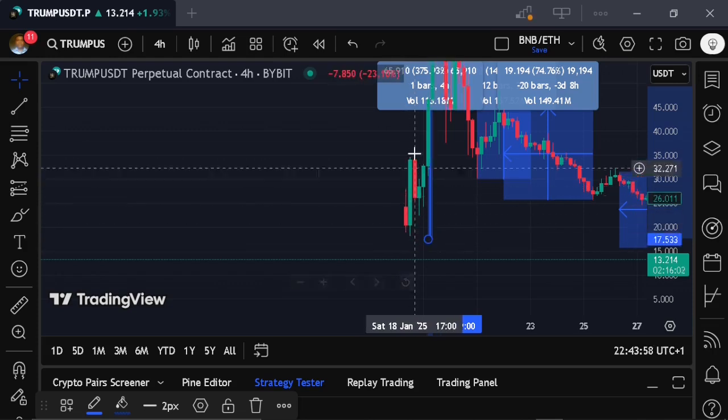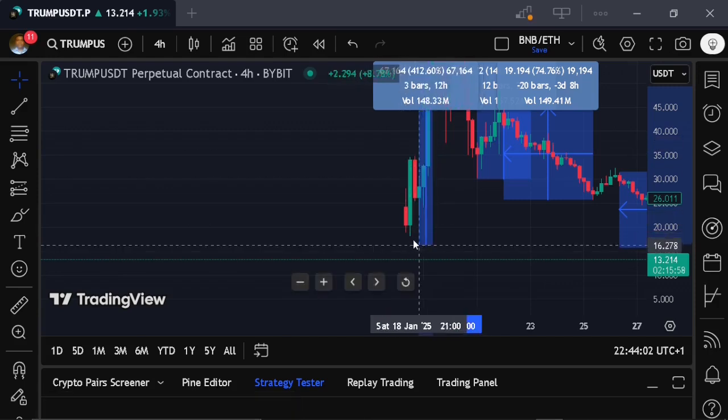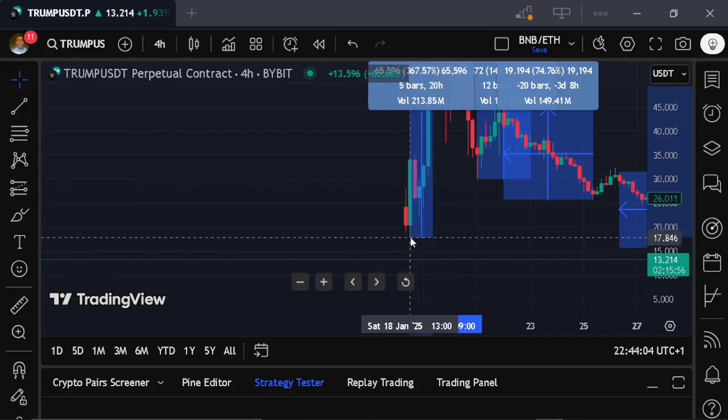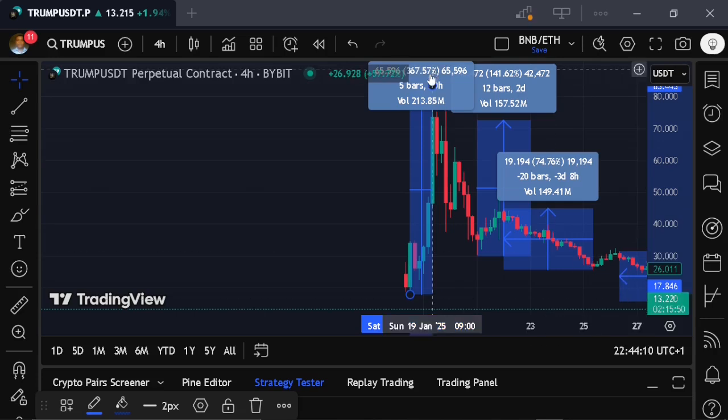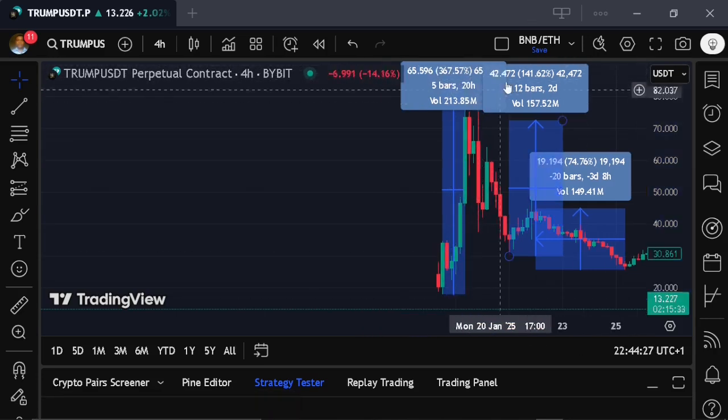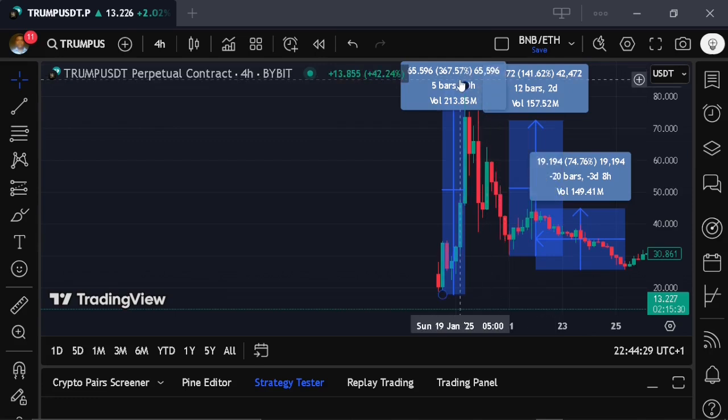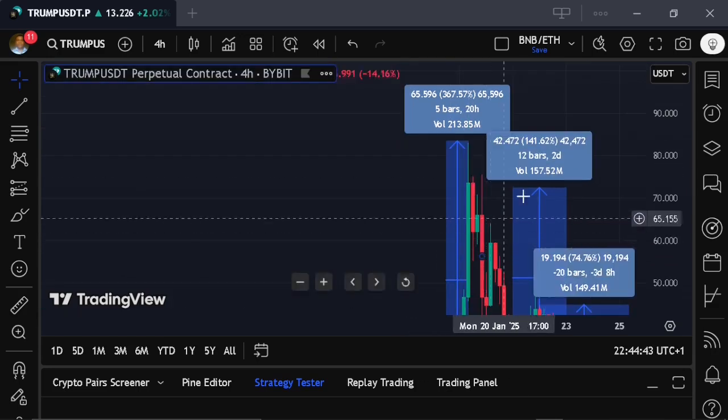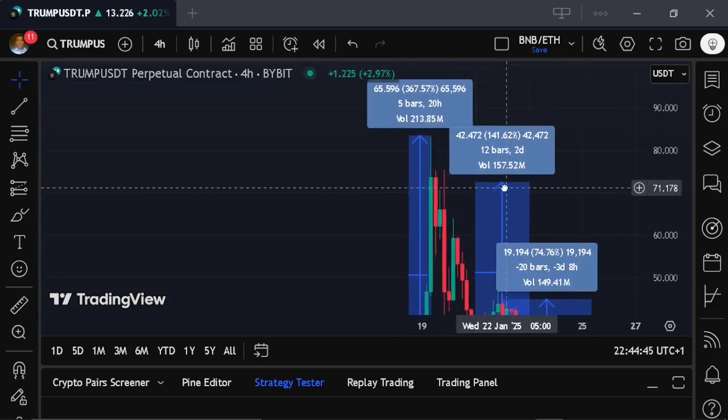From the lowest price of this green candlestick bullish trend starter, the price action of this cryptocurrency squeezed up by 367.57% in 20 hours. And the best part, you would have made over 340% profits if you were to trade this cryptocurrency on this bullish trend section. With that, let's move on to the next session.